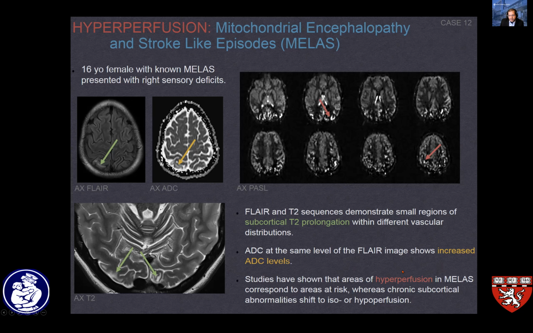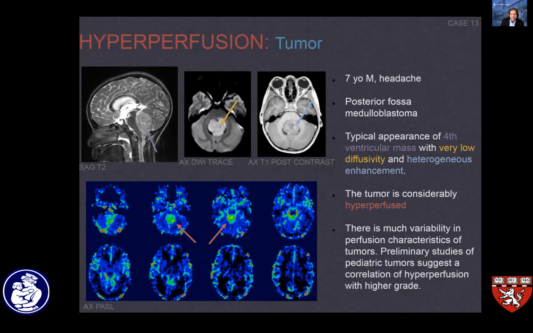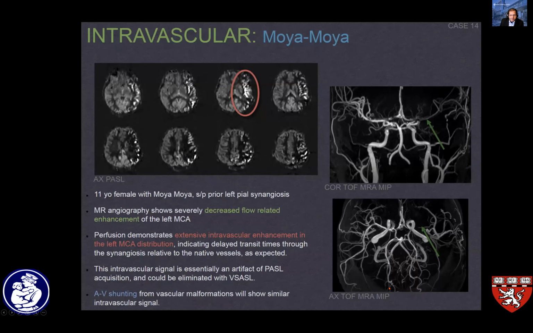So the more active areas which will be at risk are hyperperfused in MELAS patients, like in this patient here. This is a patient with medulloblastoma, where you can see the tumor shows very high perfusion, just like in other perfusion techniques. Preliminary studies of pediatric tumors have suggested a correlation of hyperperfusion with higher grade.